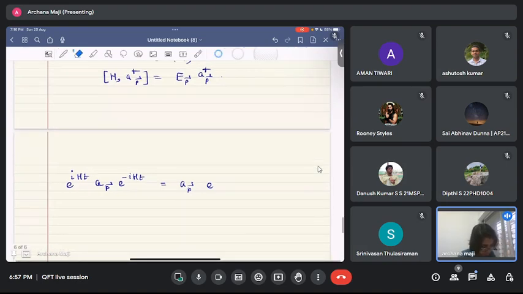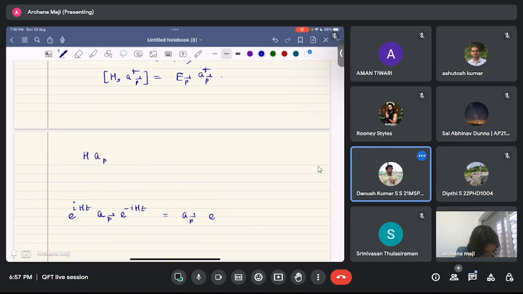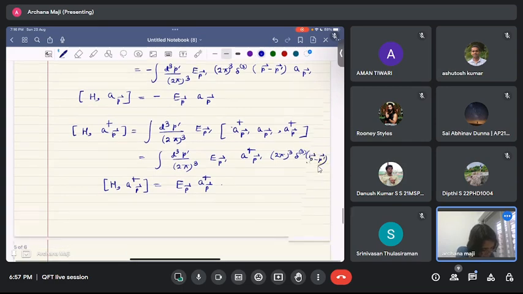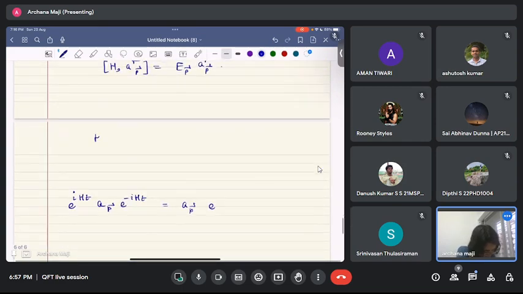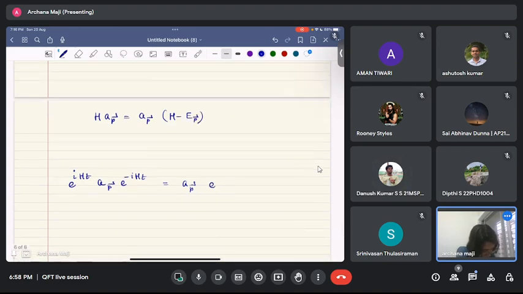Before we figure this out, let's see one more thing. So what is H a_p? From this commutator, H a_p is nothing but a_p (H minus E_p). Okay. What is H squared a_p?